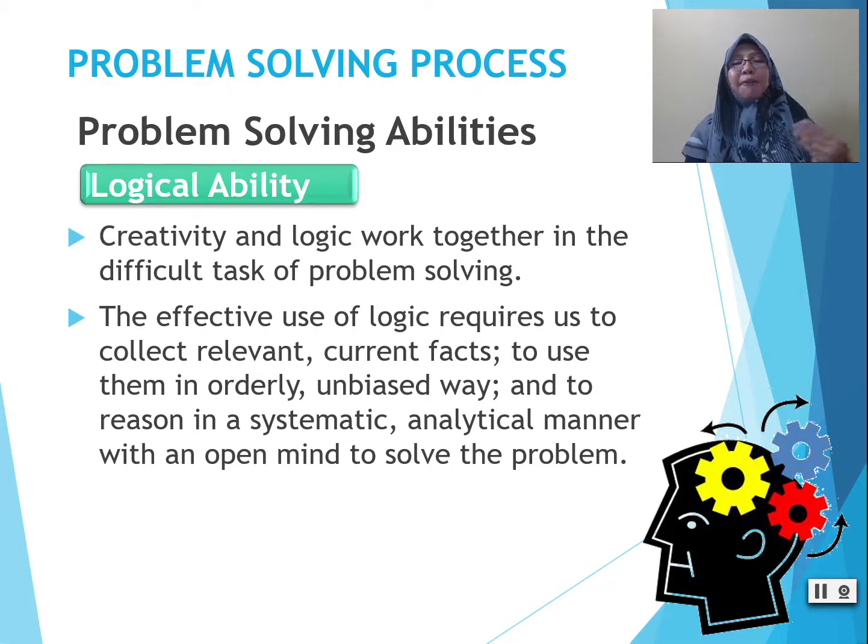The effective use of logic requires us to collect relevant current facts, to use them in an orderly, unbiased way, and to reason in a systematic, analytical manner with an open mind to solve the problem. This is what we call logical ability.